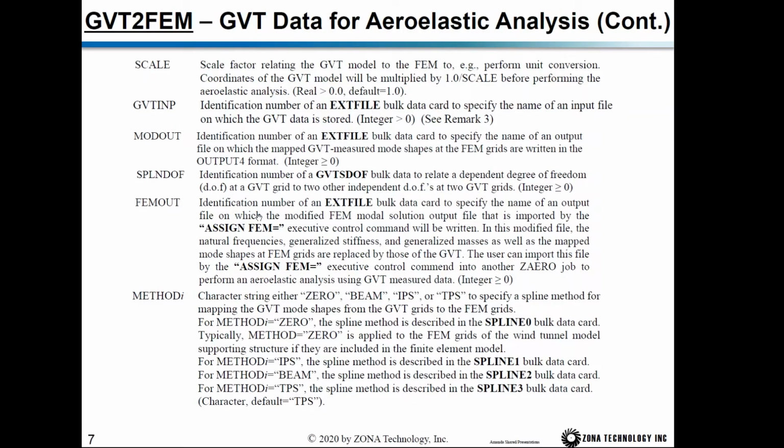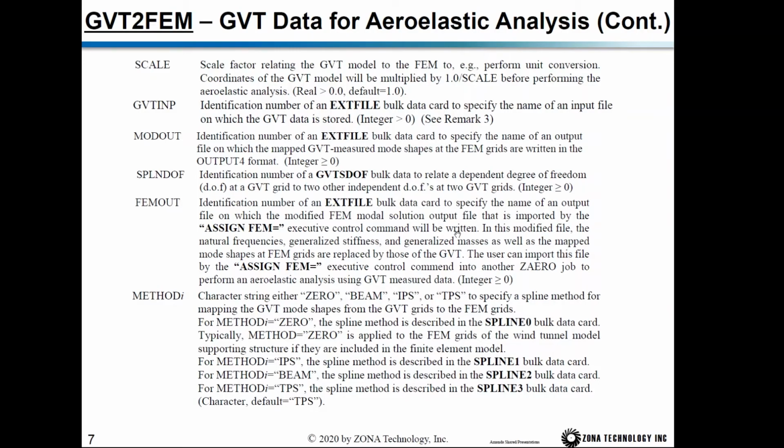FEM OUT is the ID of another EXE file card to specify the name of the output file on which the modified FEM model solution output file that is imported by the ASSIGN FEM executive control command will be written.